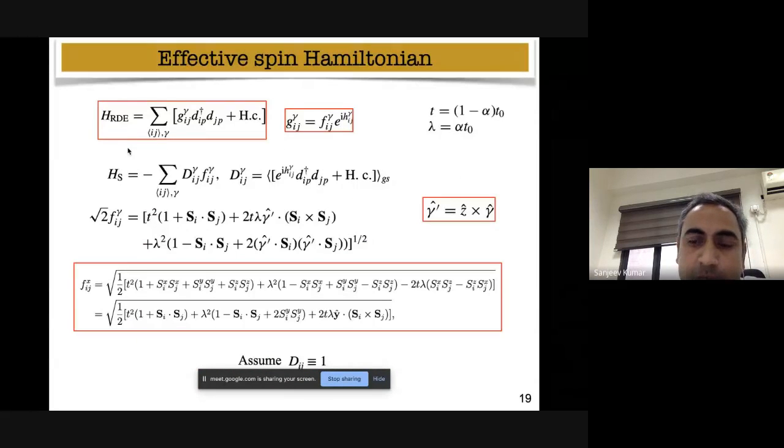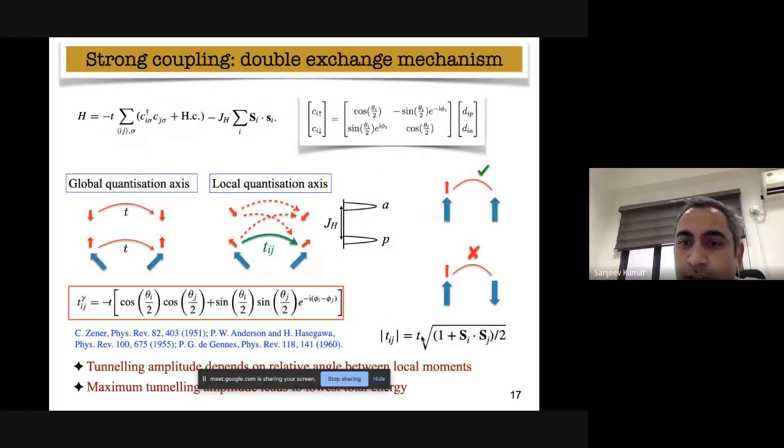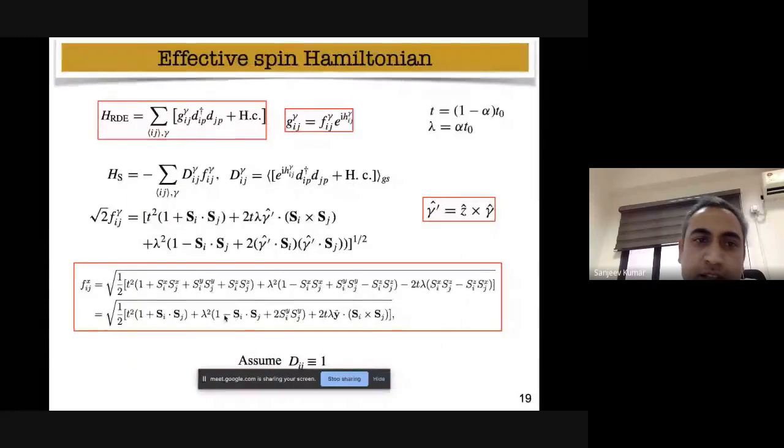Along the same lines, if we try to derive an effective spin model in terms of the tunneling amplitude being maximum, then we obtain this particular model. The spin Hamiltonian is some coupling constant times this function Fij gamma.